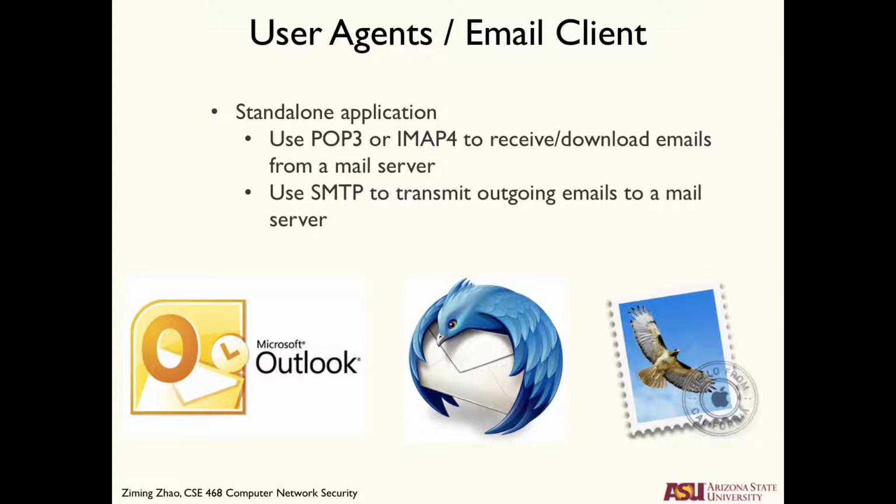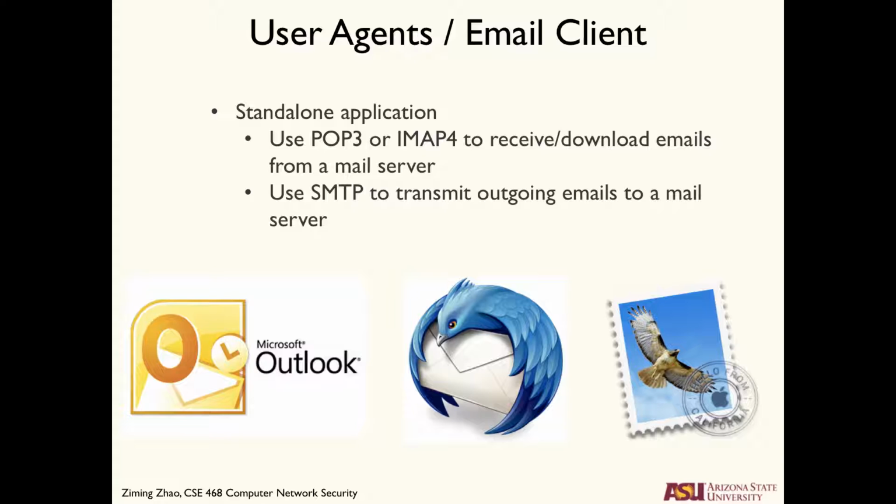So the user agent, like I just said, can be a standalone application. Usually standalone applications will use POP3 or IMAP to receive or download email from a mail server. But if they want to send out a mail, they will use SMTP.